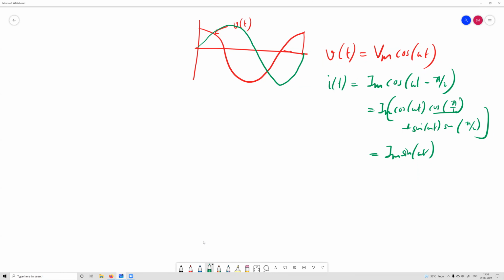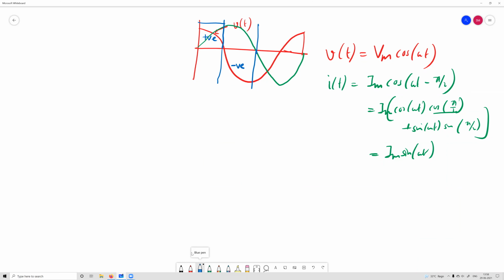Now see here, between here to here, take a look at the product of the red and the green waveforms. Here to here the product is positive. Here to here the product is negative.